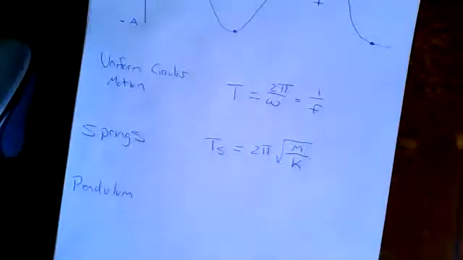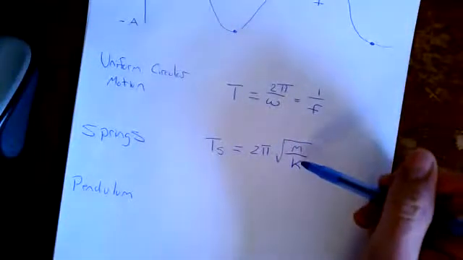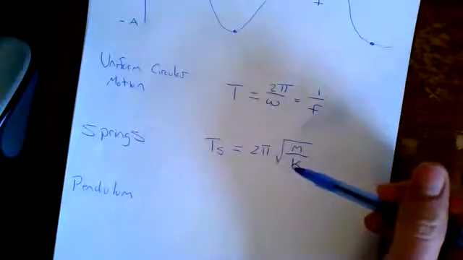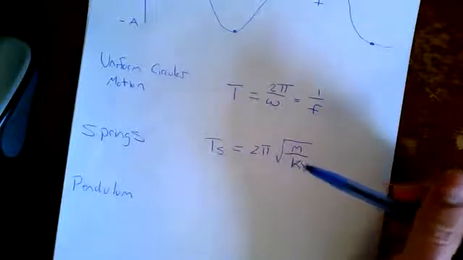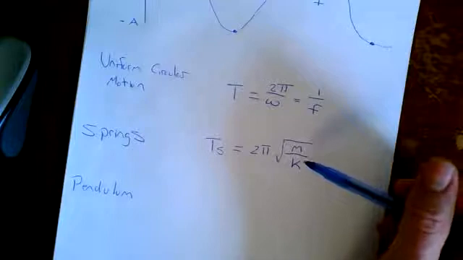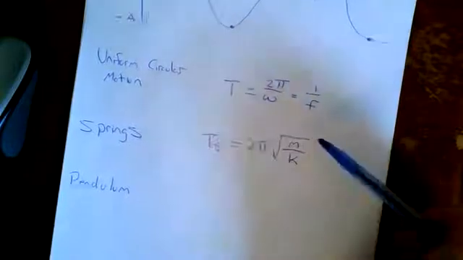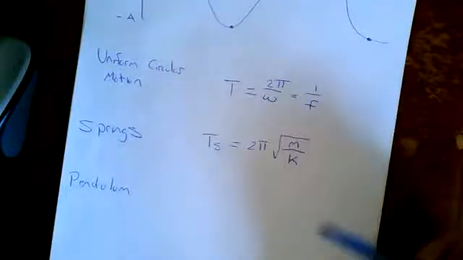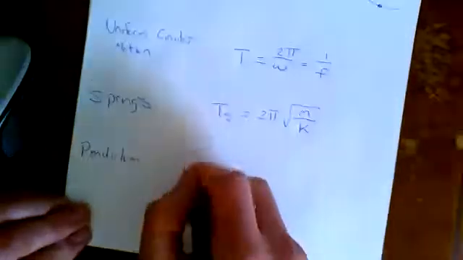the square root of mass divided by k. Notice the one thing you don't see here, which is important, is any idea of x, how much you actually displace the spring. How much you displace the spring does not affect the period. Only the mass and the spring constant do.